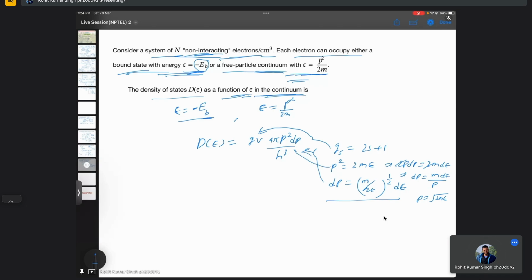If you plug everything in, you will get the density of states as this. Like this you can calculate the density of states of different systems.